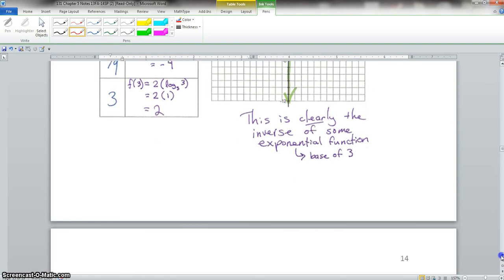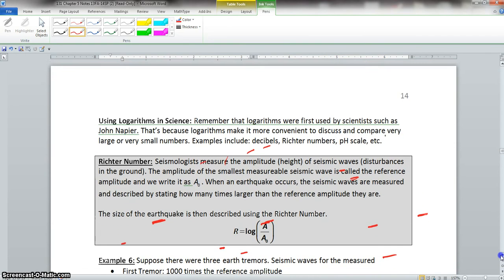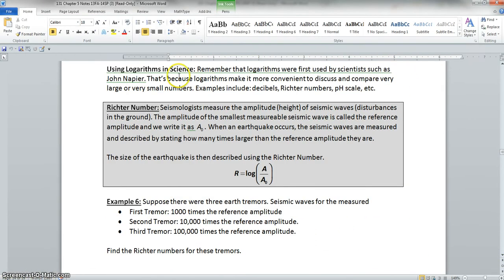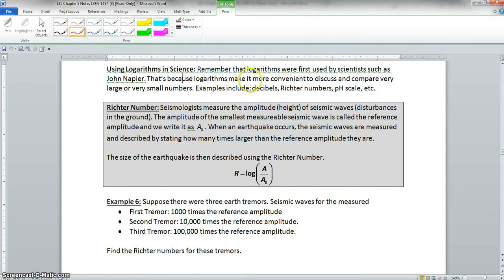So now we scroll to the next page. Now we want to use logarithms in science. It says, remember that logarithms were first used by scientists such as John Napier. That's because logarithms make it more convenient to discuss and compare very large or very small numbers.